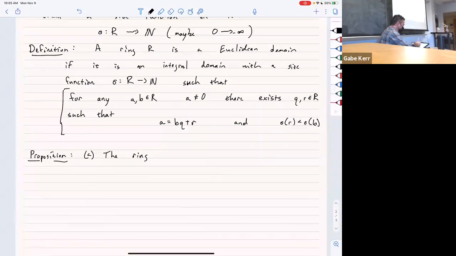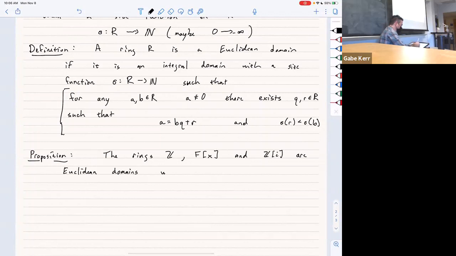Okay, so I'll summarize this. The rings of integers, polynomials with coefficients in a field, and the last one that they list, and this is not an exhaustive list at all, the Gaussian integers, are Euclidean. And what are the size functions? Well, for the integers you take the absolute value.